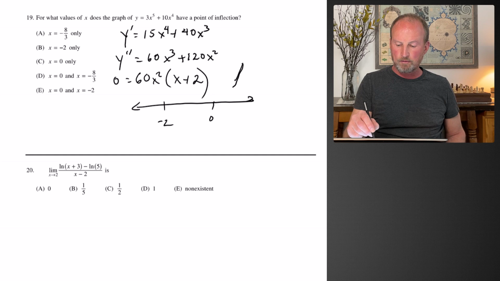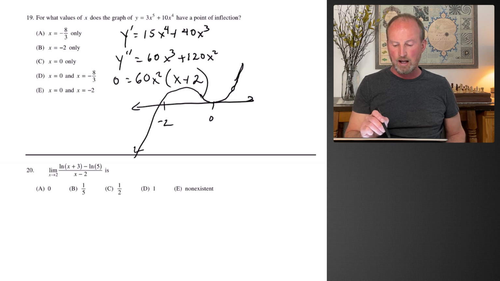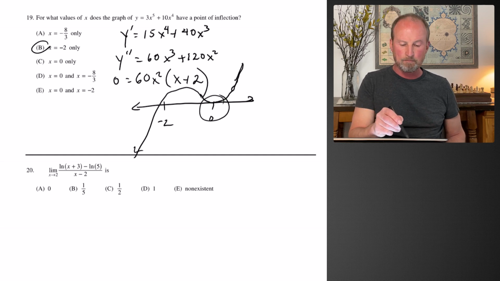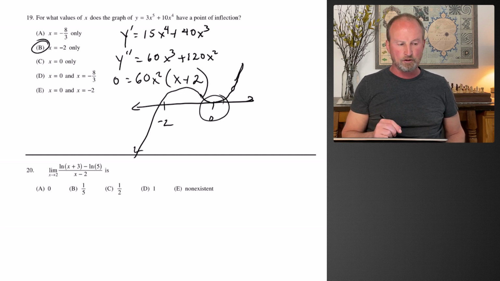The factor that gives me the 0, if it's squared, it'll bounce off. The factor 0 has a multiplicity of 2. It's going to bounce off of that and pass through the negative 2. 0 is not a point of inflection. Yes, it is a critical value, but it is not a point of inflection. Answer, letter B. Only negative 2.